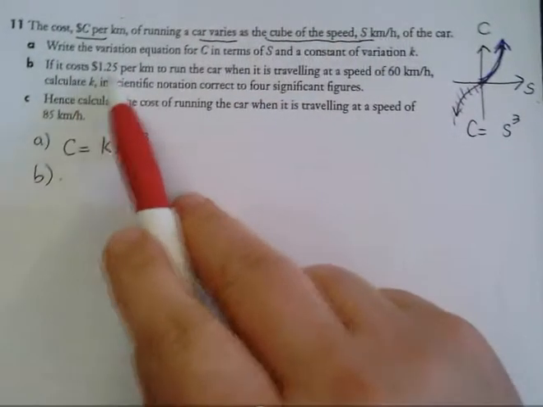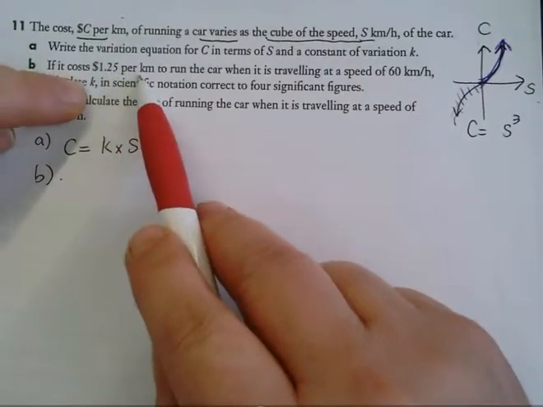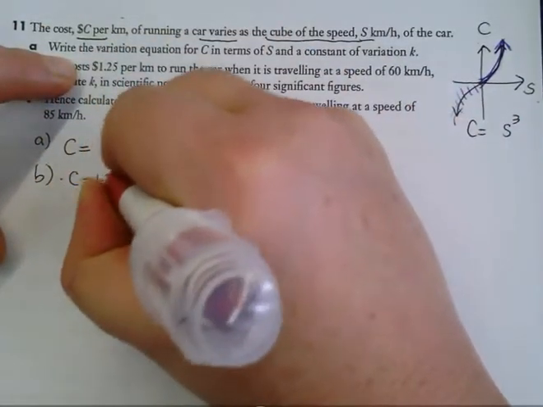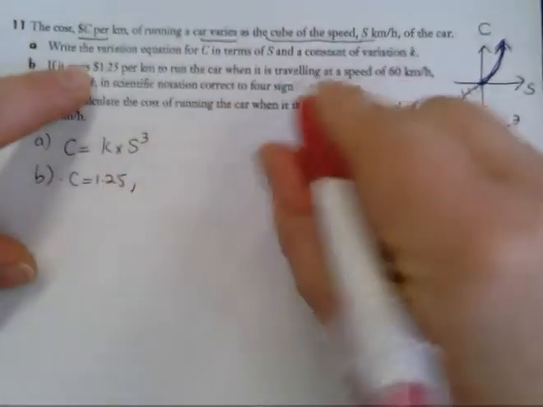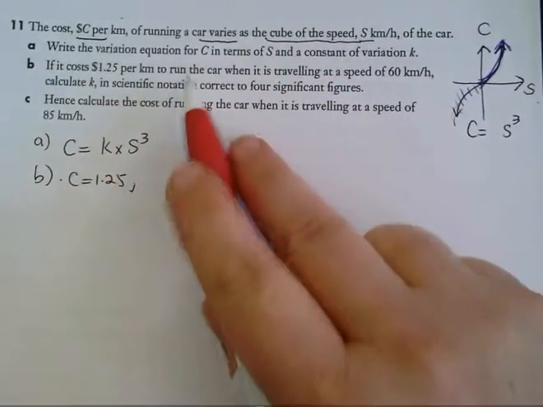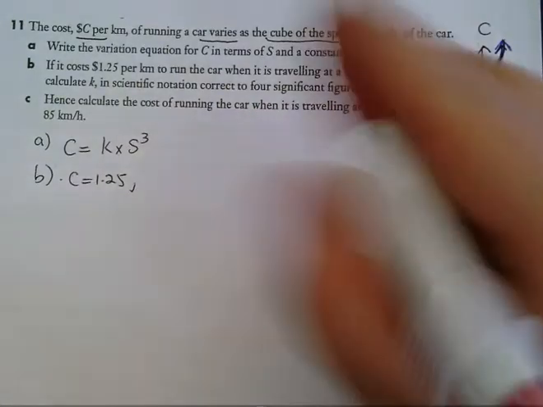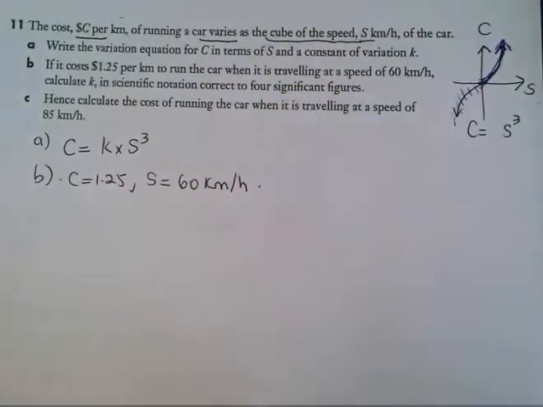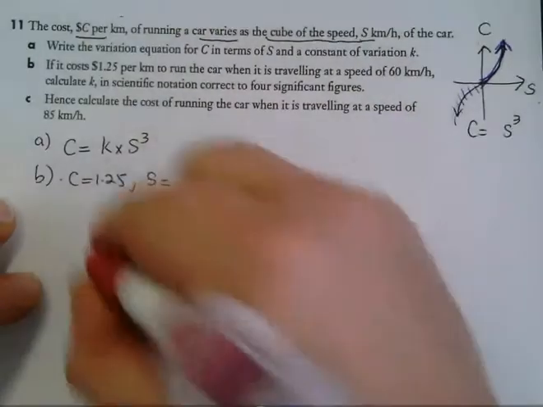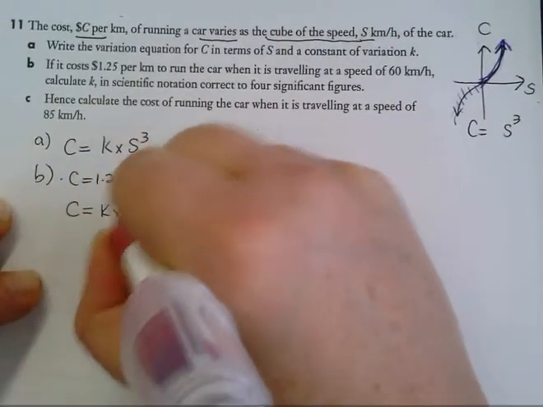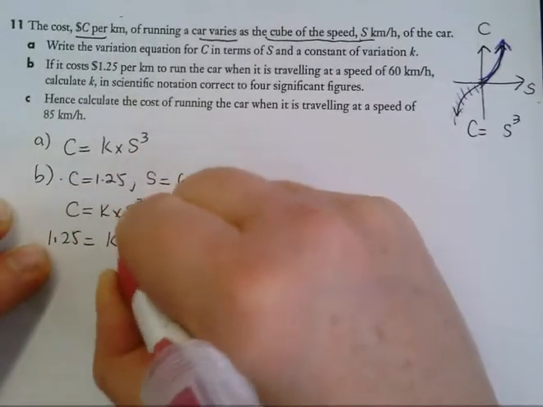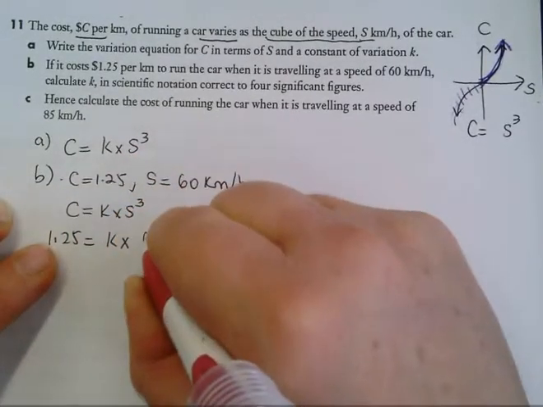Part B, if it costs $1.25 per kilometre, C is the cost per kilometre. So when C is $1.25, it costs $1.25 per kilometre to run the car when it's travelling at a speed of 60 kilometres per hour. You have to find K. So we write out our equation and we substitute C is 1.25 and S is 60.